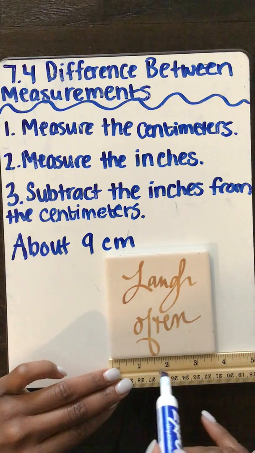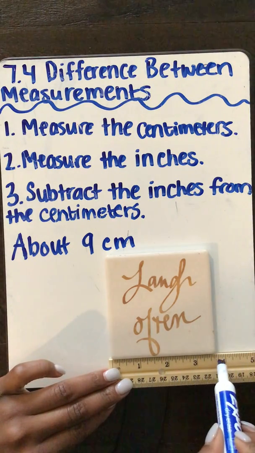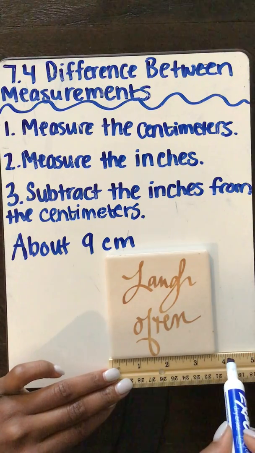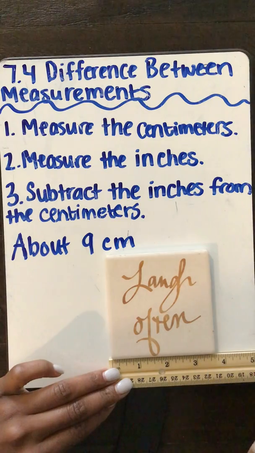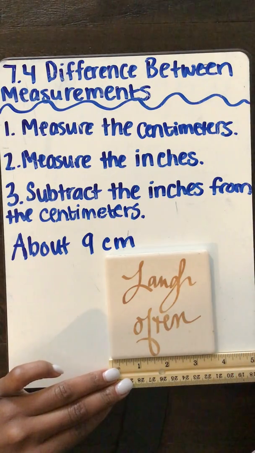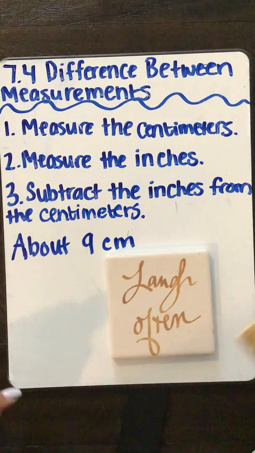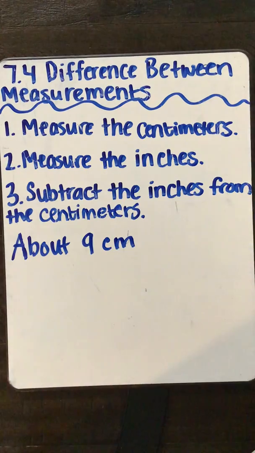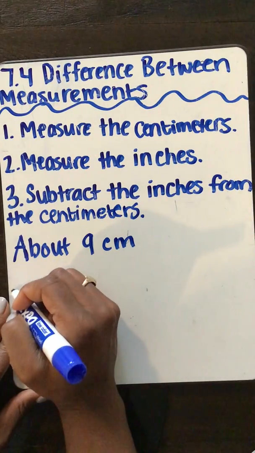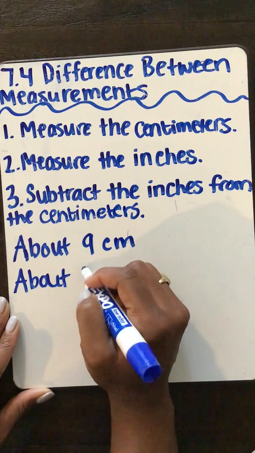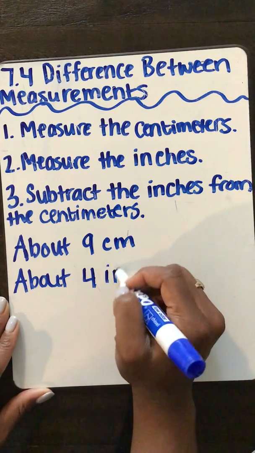So my coaster in inches is a little bit over 3 inches, but it's closer to 4 inches than it is to 3. So I'm just going to go ahead and say 4 inches because we're keeping whole numbers and we're using that word about, so it doesn't have to be exact. So I'm going to write about 4 inches.